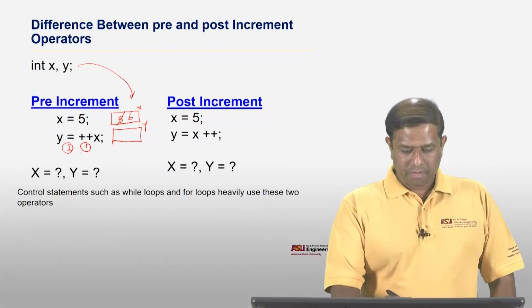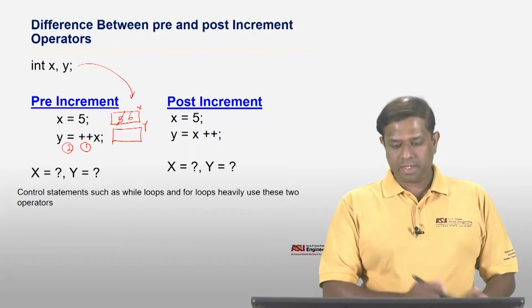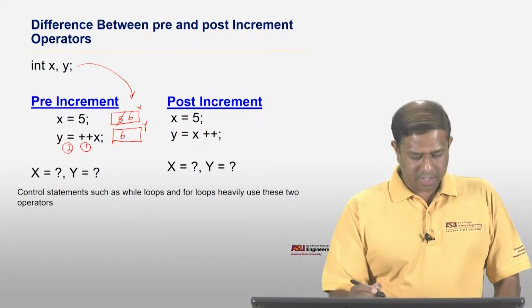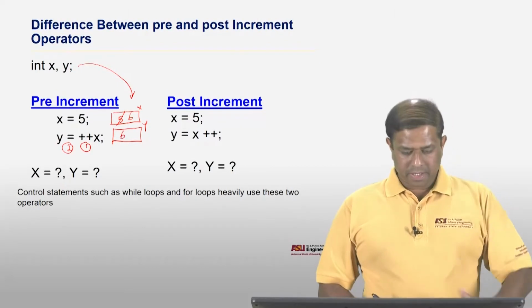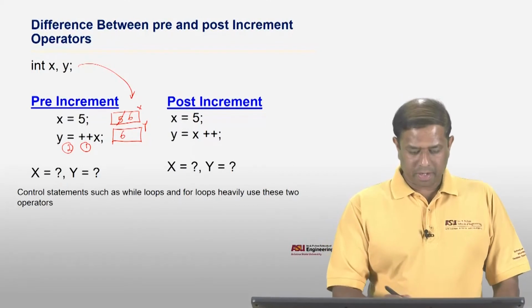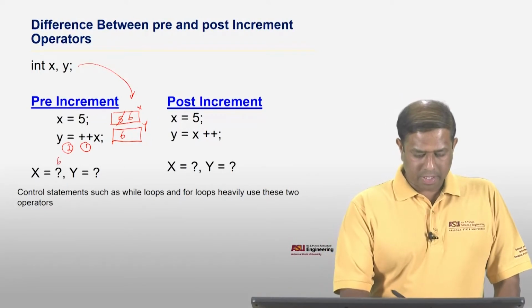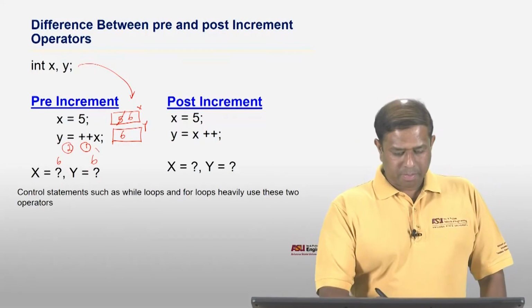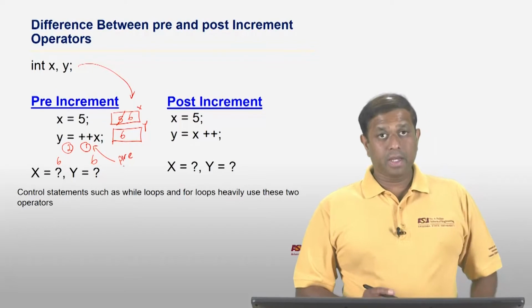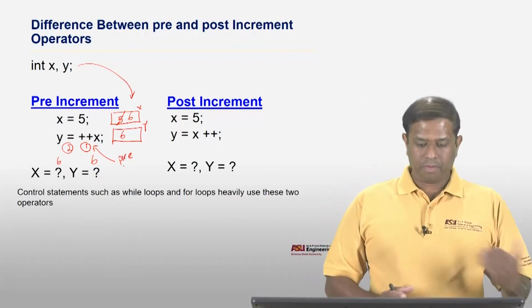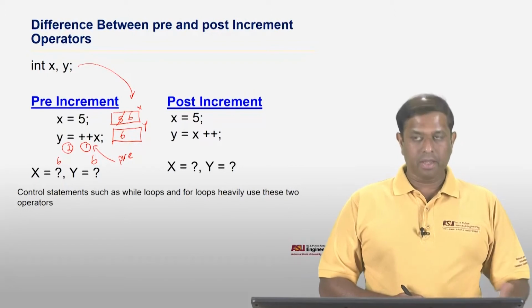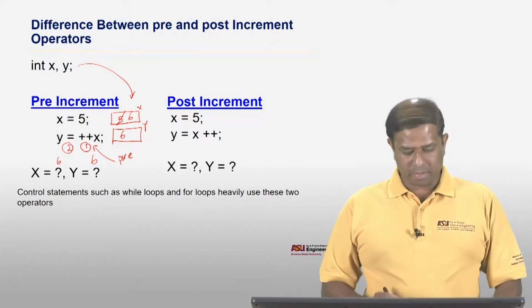So when you do the assignment statement, x has already been incremented, therefore y will be 6. In this scenario with the pre-increment, x will be 6 and y will be 6. Pre essentially means that we increment the value before we perform the assignment statement, right?